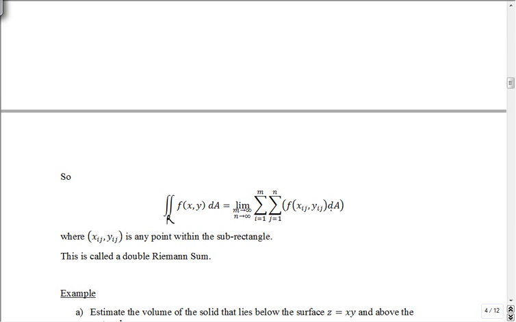So f of this times delta, well, dA is really delta A, so let's change this to delta A. And then we are summing up all of these. That's why you have a double summation. And then you're finding the limit. This is called a double Riemann sum.